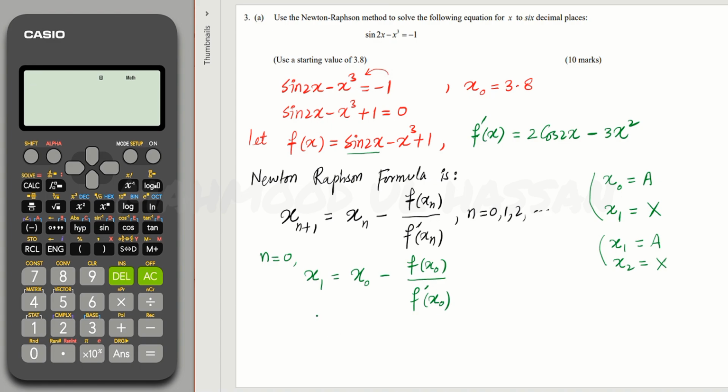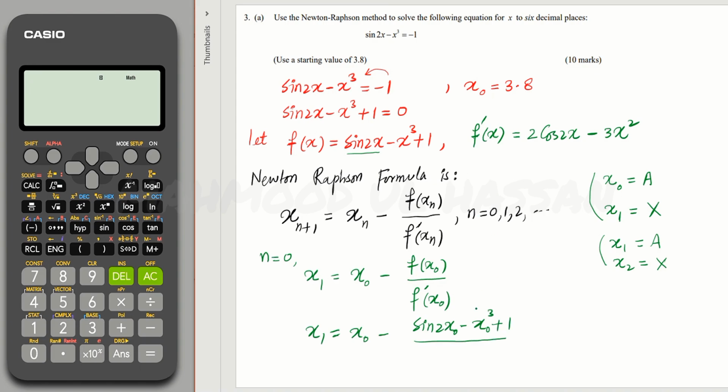Now I'm going to use the functions here. So x1 equals x naught minus f of x naught, which is sine 2x naught minus x naught cube plus 1, divided by f prime of x naught.